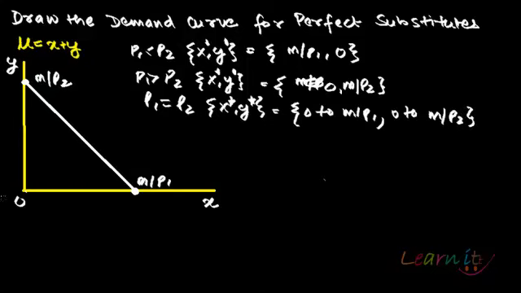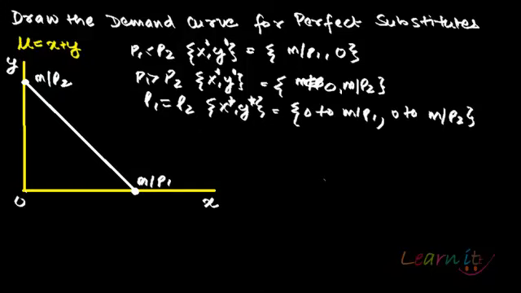It means that when P1 is equal to P2, you can consume anywhere on this indifference curve. 0 means you are not buying anything of x and you are buying all of y. To m by P1 means you can buy all of x and none of y. The word 'to' takes care of all the points on this indifference curve, so x could be anywhere, and similarly y could be anywhere. So this is the case.